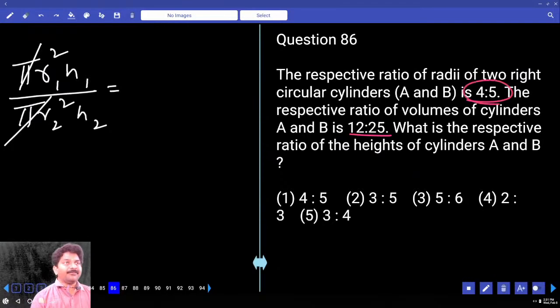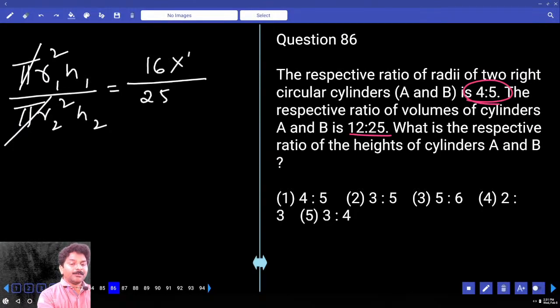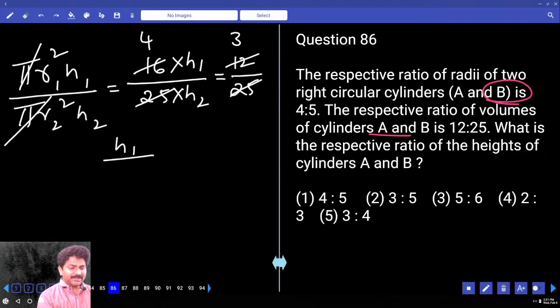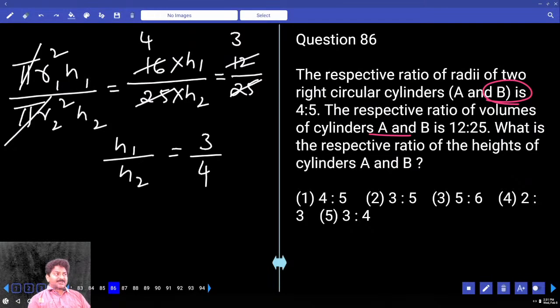Radius ratio 4:5, but here we have R1 square, R2 square, 4 square, 5 square into H1, H2. This must be the volume ratio which is mentioned as 12:25. 25 cancel, 4 times 4, 3 times. H1 by H2 is equal to, so ratio 3:4.